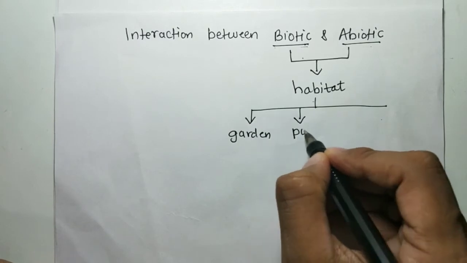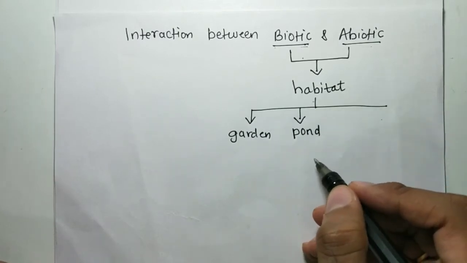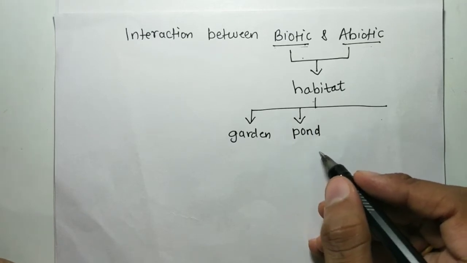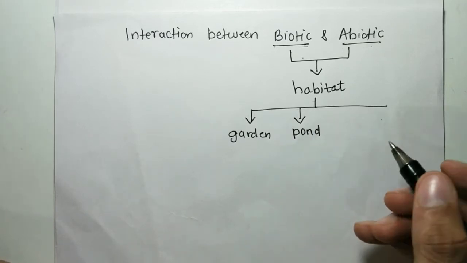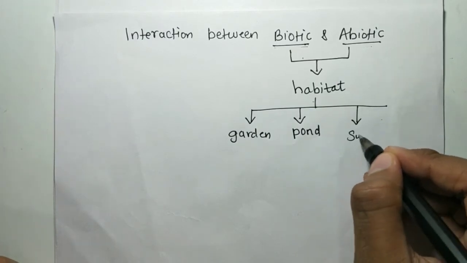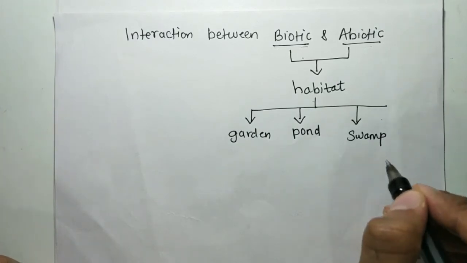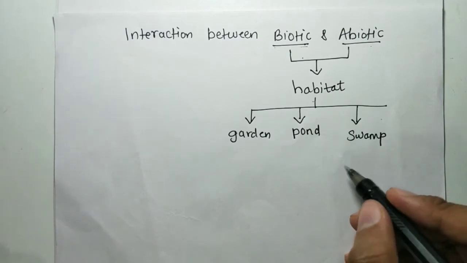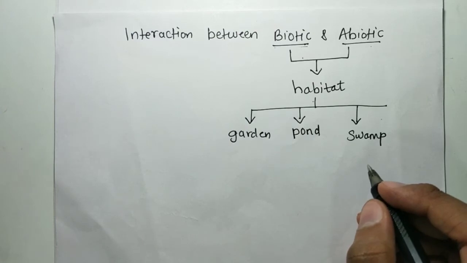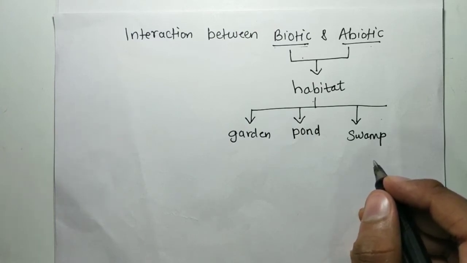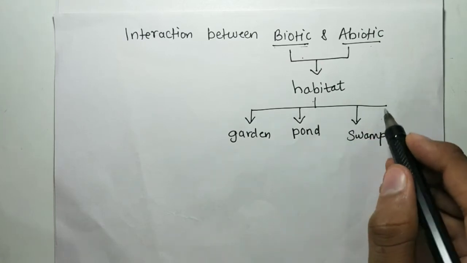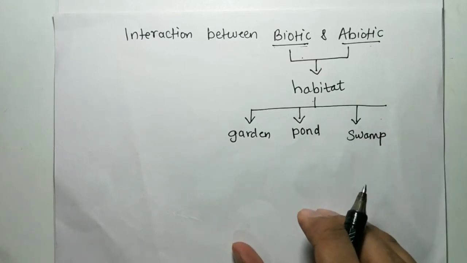Or a pond, which has fishes, some aquatic plants, some worms, that is a different habitat. Then a swamp. A swamp means a wet place which has bushes, that is a different habitat. So habitats vary from place to place depending upon the temperature and many other components which decide how a habitat takes place.